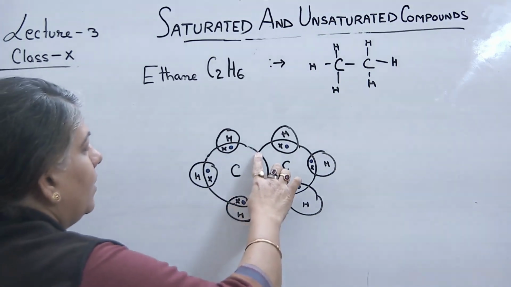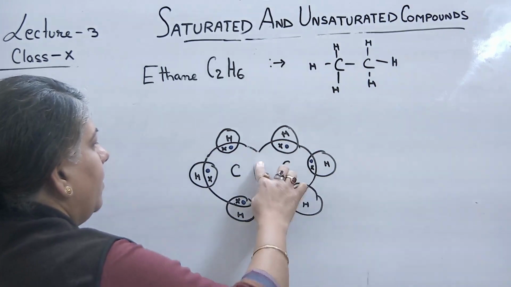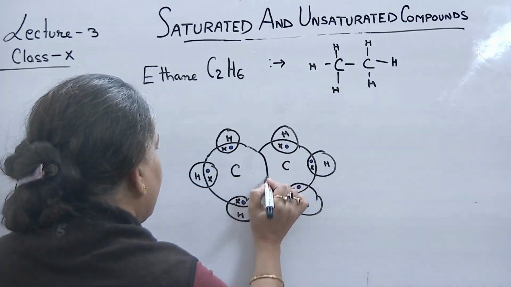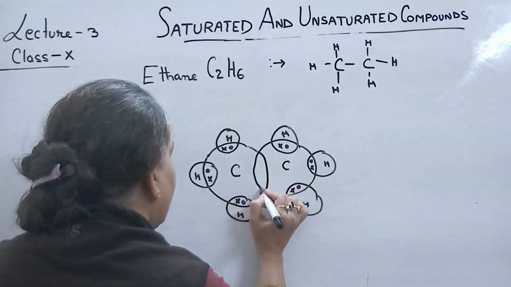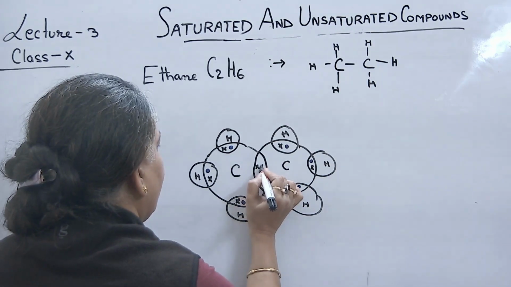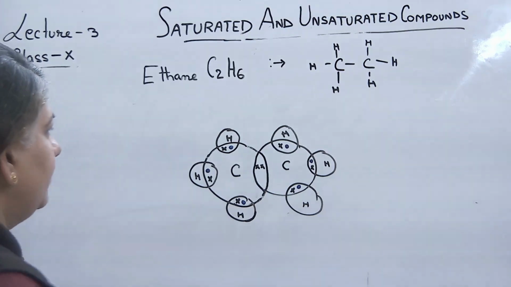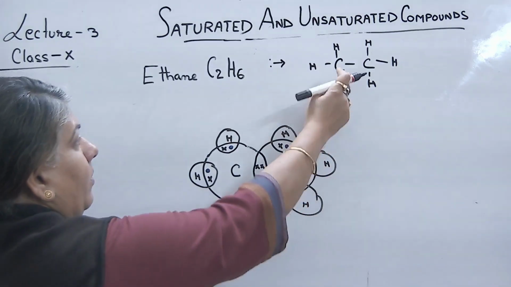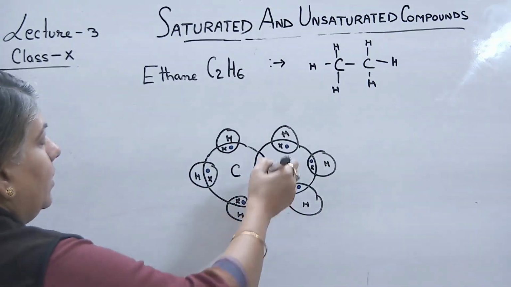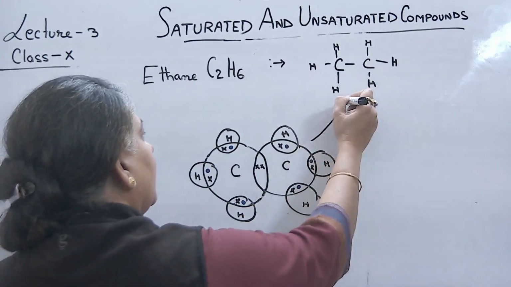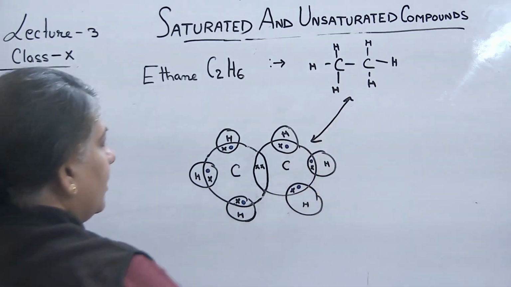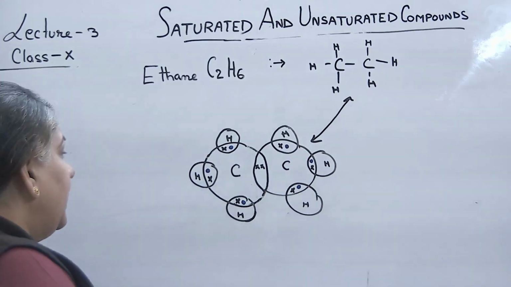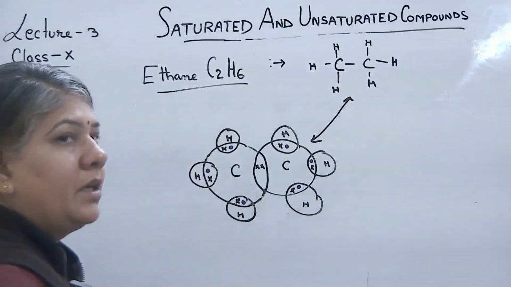One thing more, you should always put electrons in pairs. So write it like this. 2 electrons will form one single bond. So this electron dot diagram is representing this. So this is the electron dot diagram for ethane.